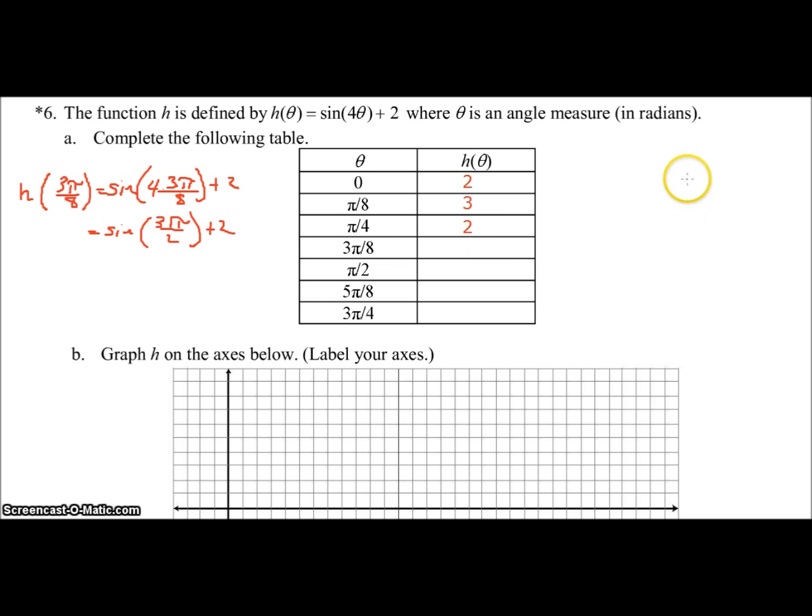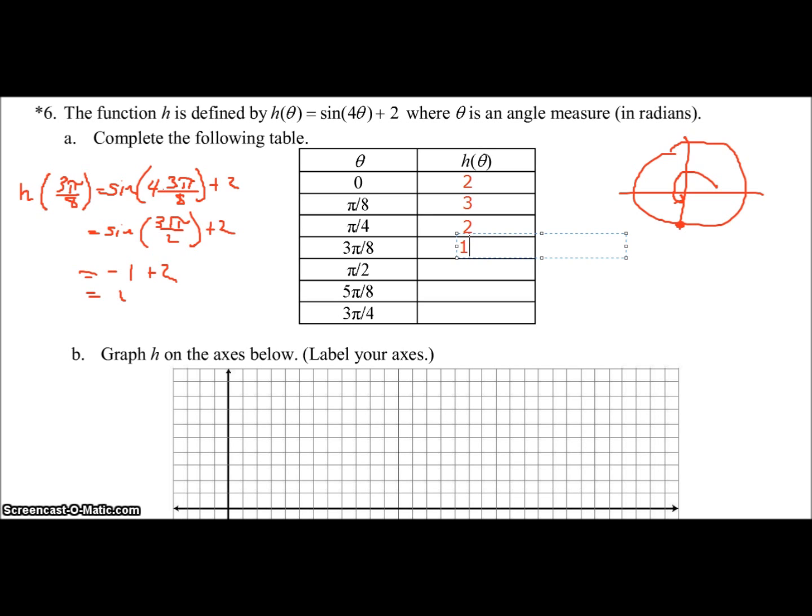And on the unit circle, 3 pi over 2, that's just this angle right here. So we want this point, which is the radius length would be -1, plus 2 equals 1. So this would be 1.